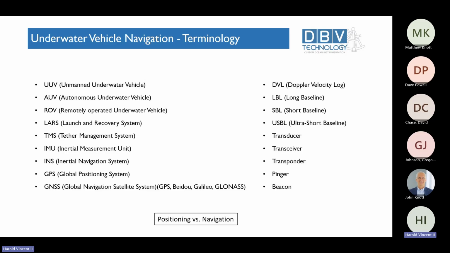I need to know my intended destination location and be able to calculate courses and speeds and maneuvers to navigate from one position to the other. On autonomous platforms, those are often stored in some type of mission profile that the onboard computer in the undersea vehicle will use to perform the navigation function.